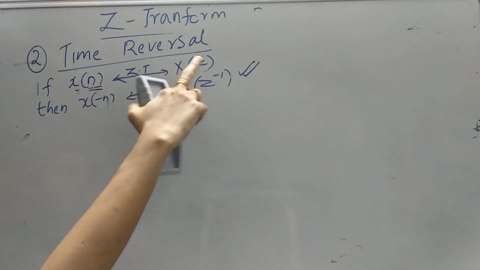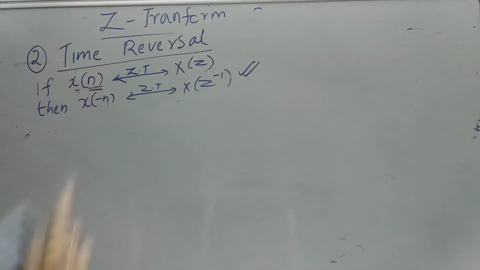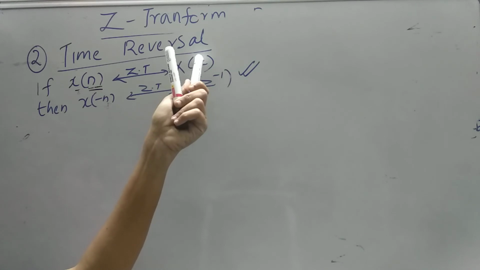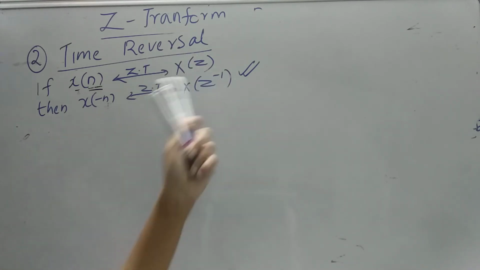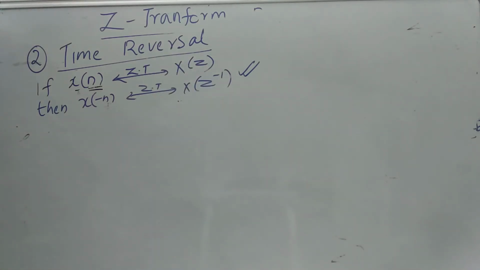Folding a signal is equivalent to replacing z by z raised to minus 1 in the z transform. That is a reflection or inversion of the z domain.